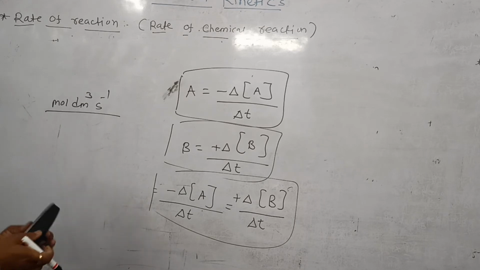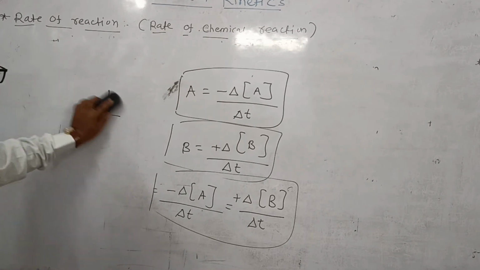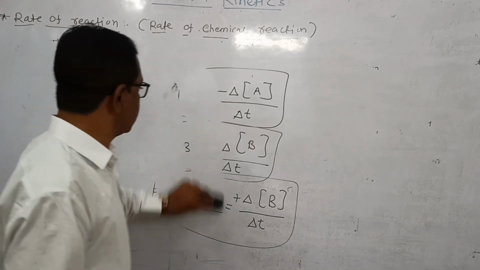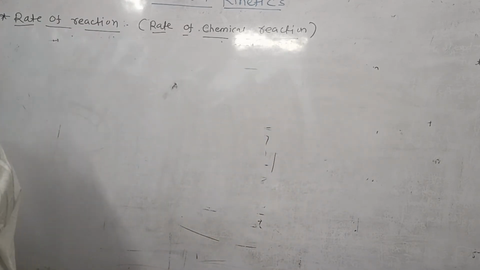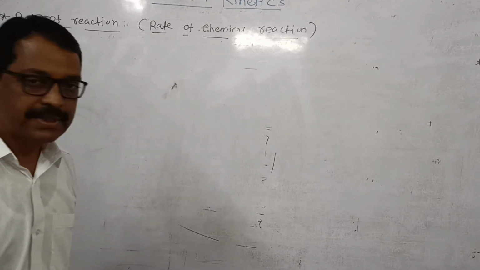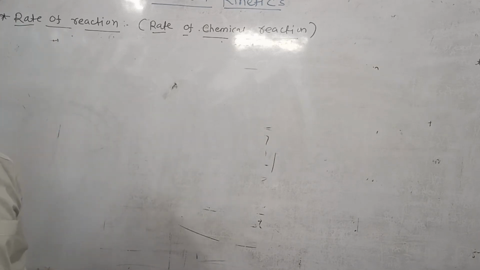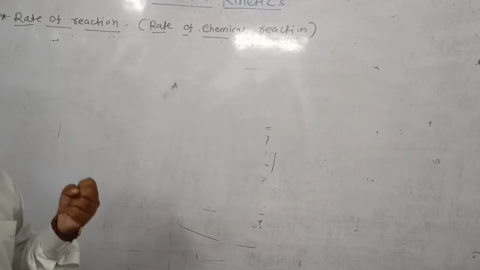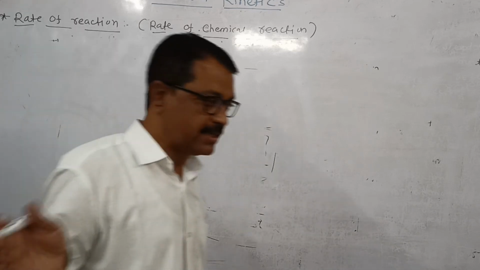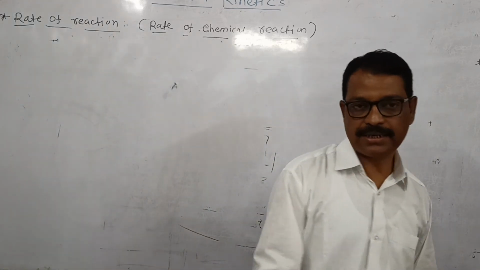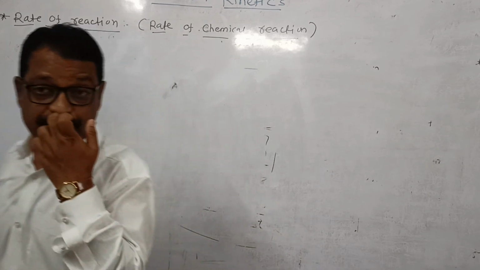Then the second one is the instantaneous rate of chemical reaction. The rate of chemical reaction measured for an infinitesimally small time interval, or the rate of reaction at a specific instant.